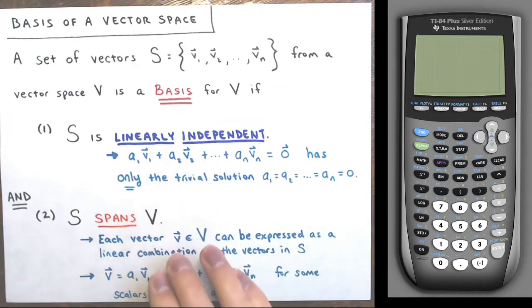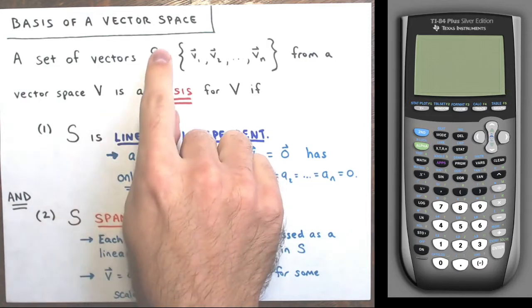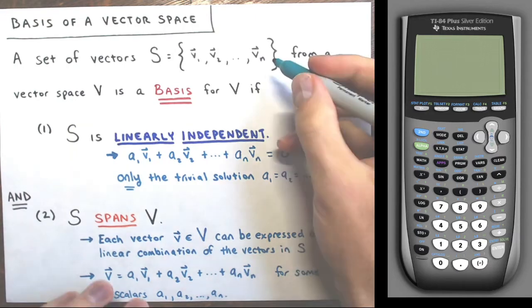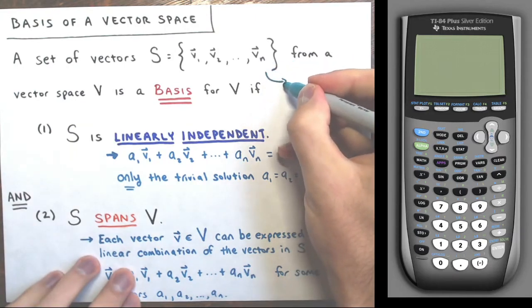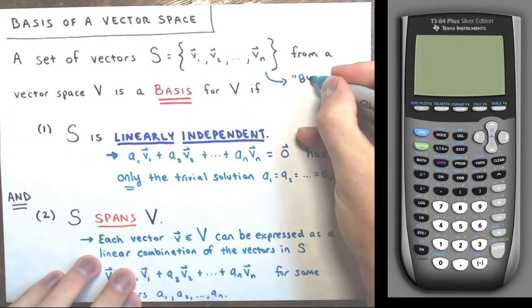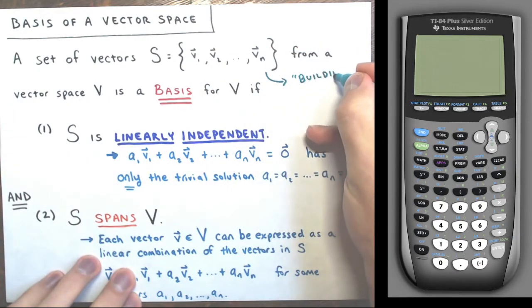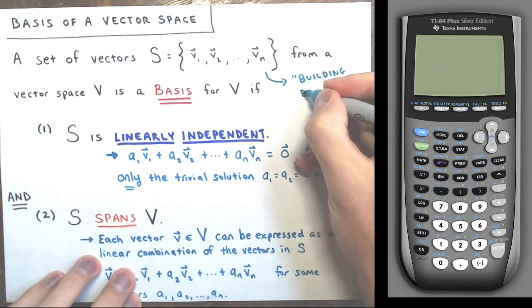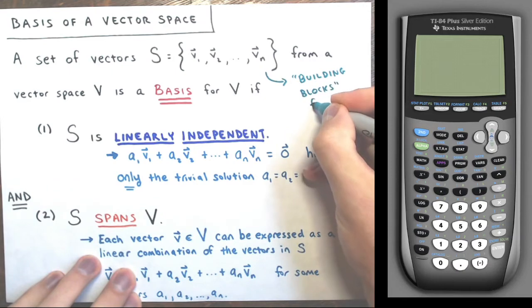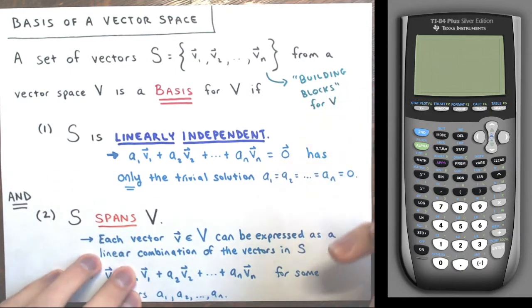If both of these things hold, then S is a basis for V. Another way you could think of a basis is that these vectors are like the building blocks for the vector space.